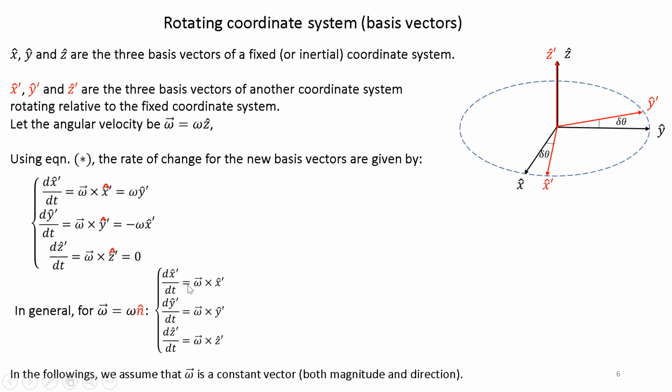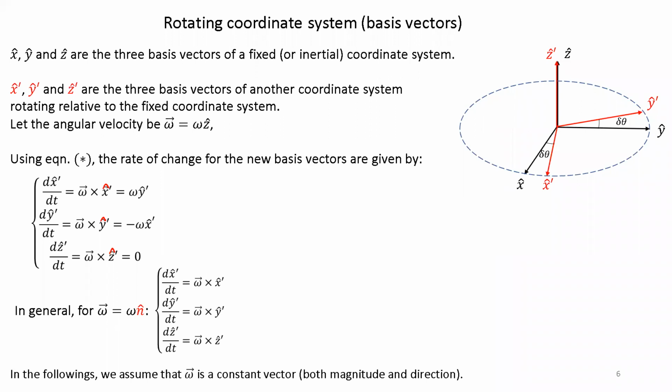But of course, in that case, omega cross x hat prime won't simply be omega times y hat prime. So you really need to give me what omega is, the direction of this n hat vector. It depends on our problem.